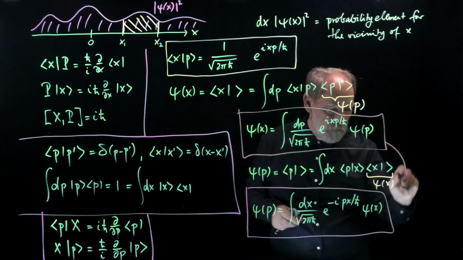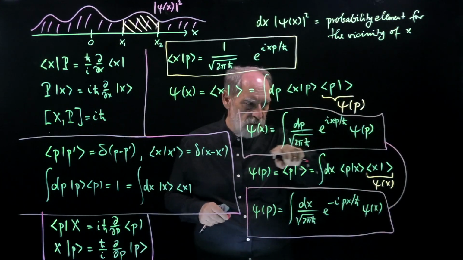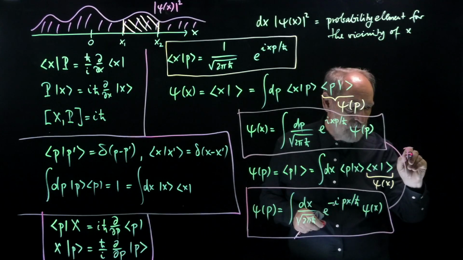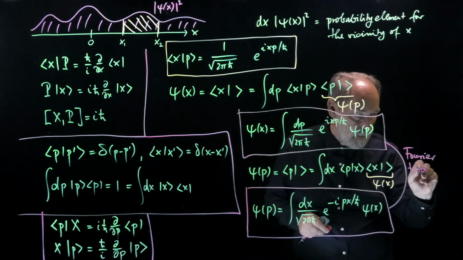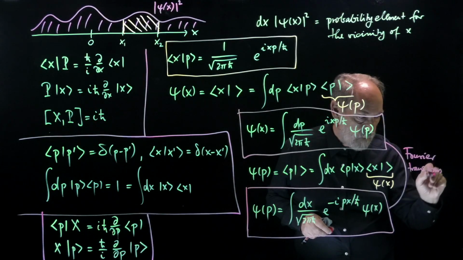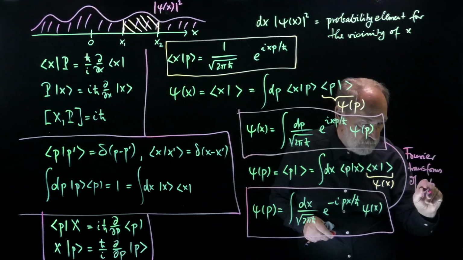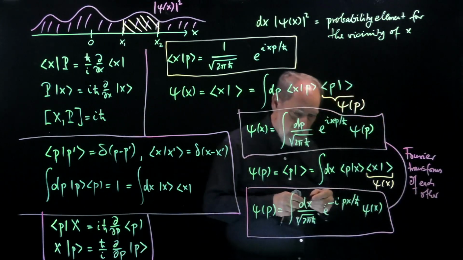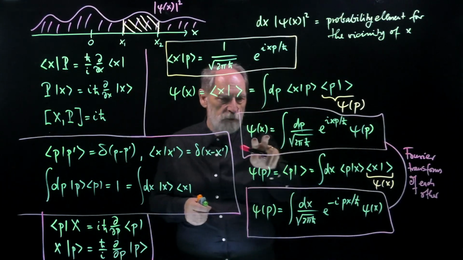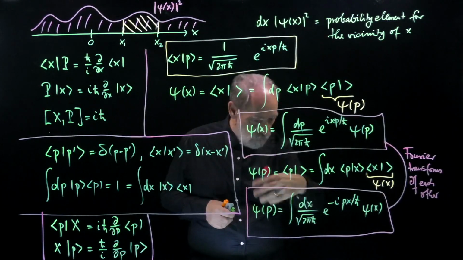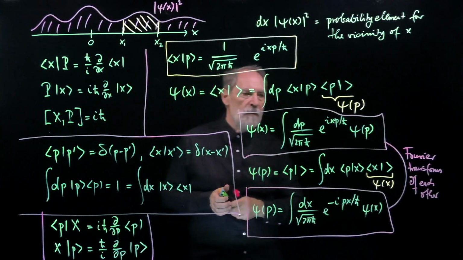So the two wave functions are related to each other by Fourier transformation. There's a Fourier transformation that turns psi of p into psi of x, and there's the inverse Fourier transformation that turns psi of x into psi of p.